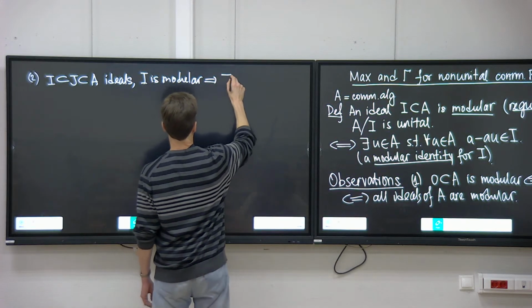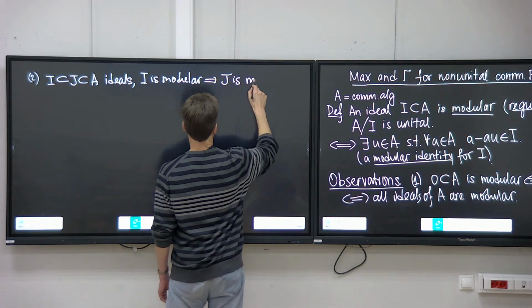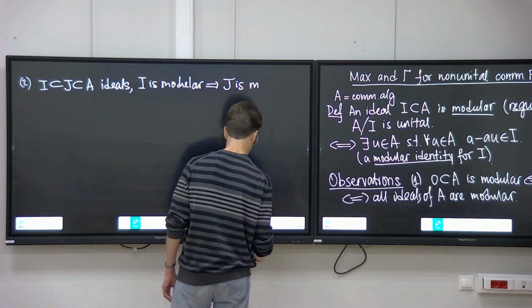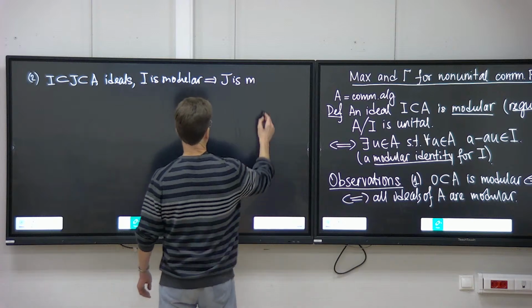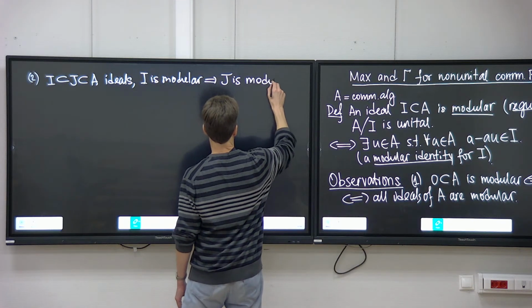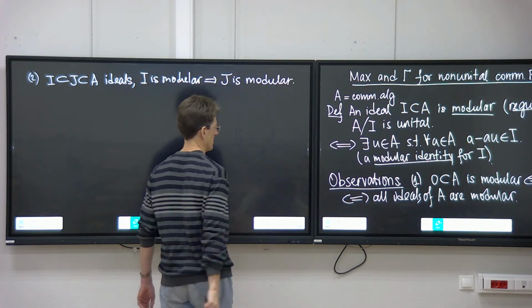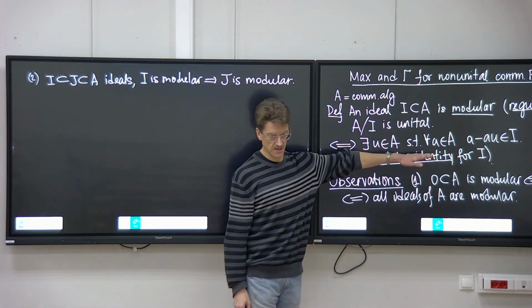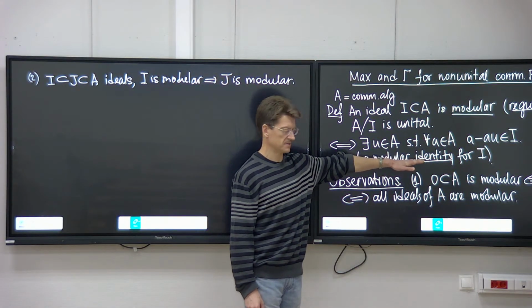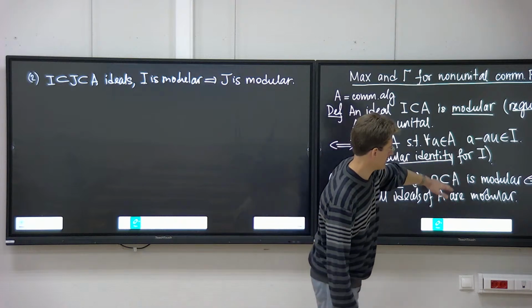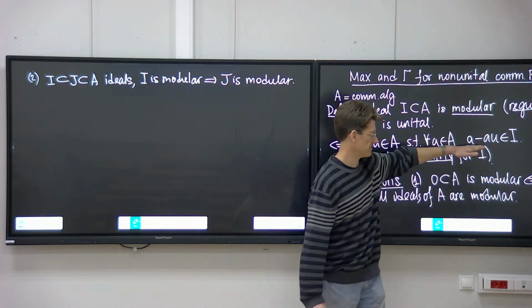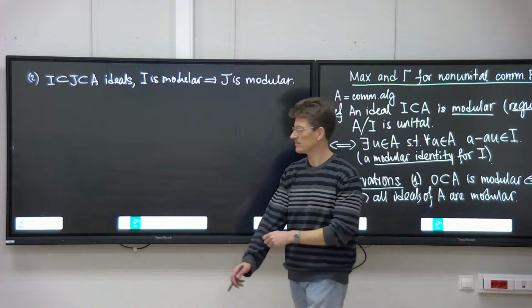Then J is also modular. And clearly, a modular identity for I will also be a modular identity for J. If this is true for I, then the same inclusion is true for J.